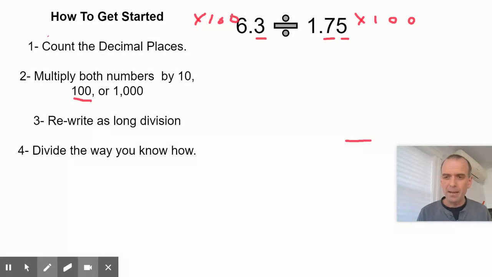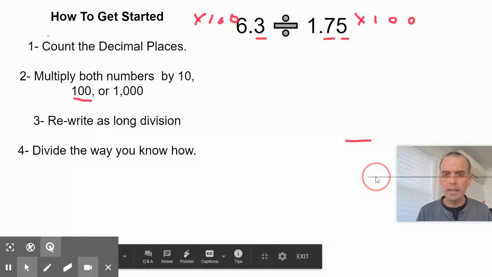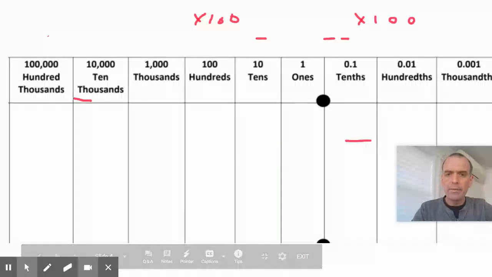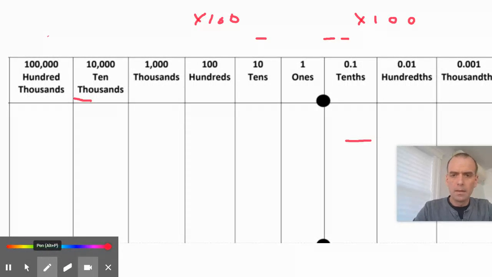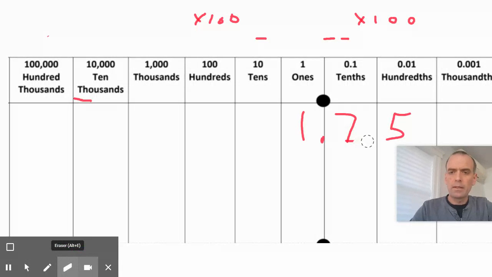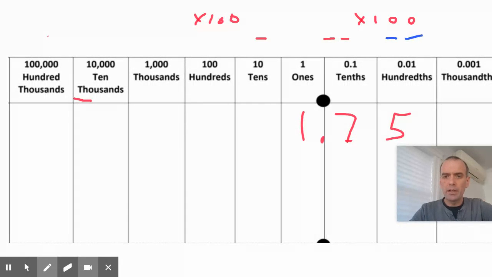Now, sometimes that can be kind of tricky, so let me quickly show you with the place value chart. If I have 1.75 times 100, I'm just making it 2 places bigger, right? There's 2 zeros, so I make it 2 places bigger. So I go 1 place, 2 places.